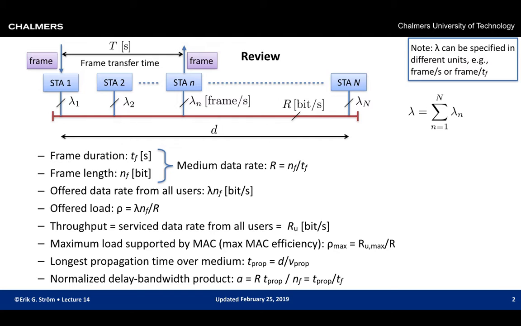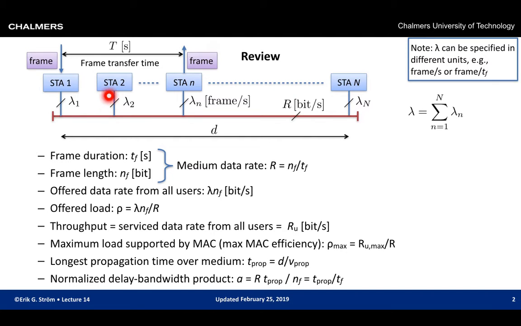The other aspect is that we would like to support as much traffic as possible which is generated from these nodes here. So in general, one can think of station number 1 as generating a number of frames per second, or frames per frame duration, or something like that. Lambda 1 is the intensity with which station number 1 generates traffic that is supposed to go over this shared medium.